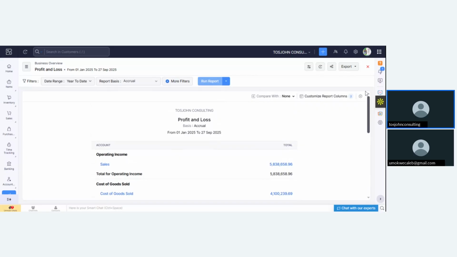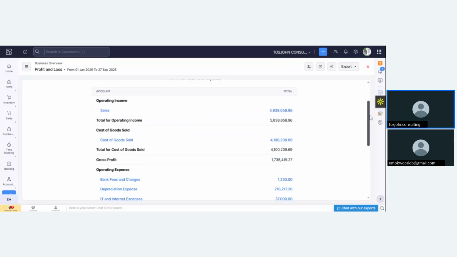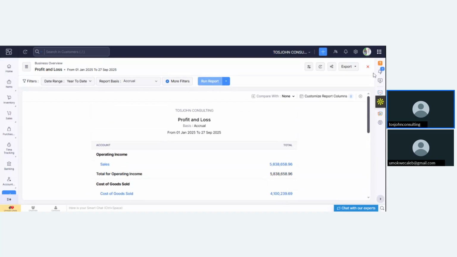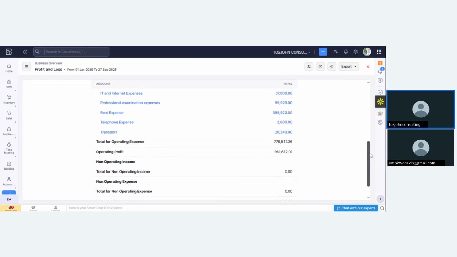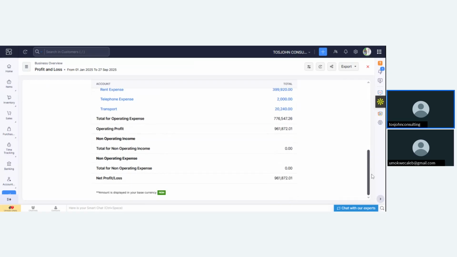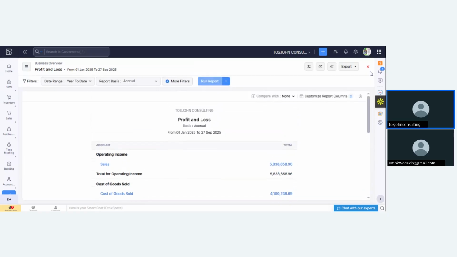So this is how the profit or loss account, which we call the comprehensive income statement, or income statement based on IFRS, looks like once all your posting are correct.